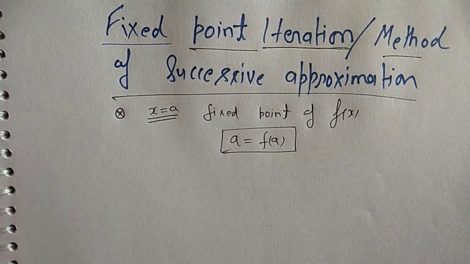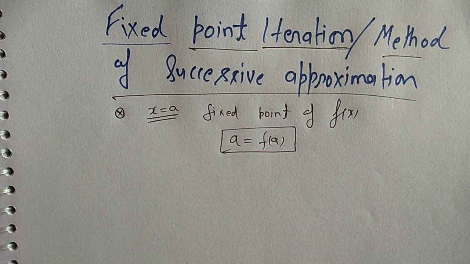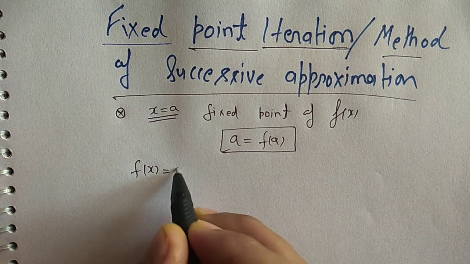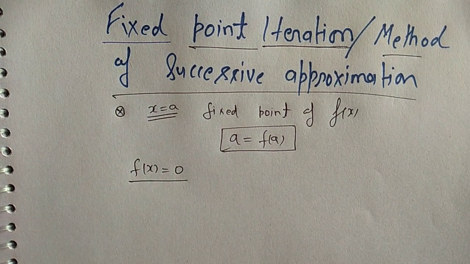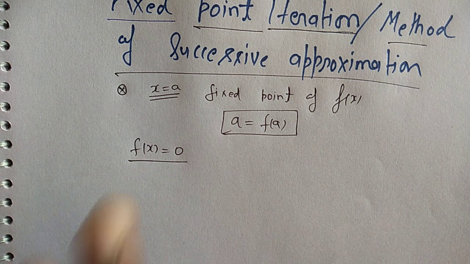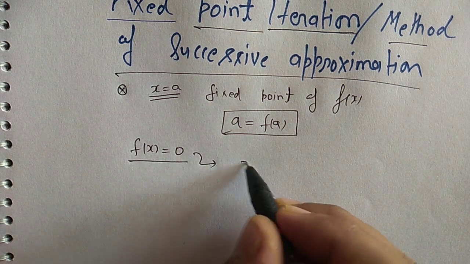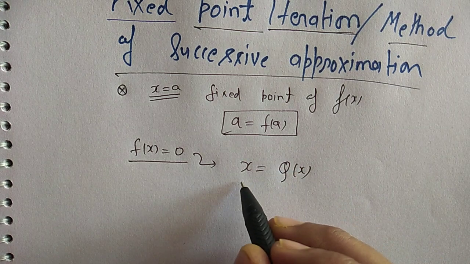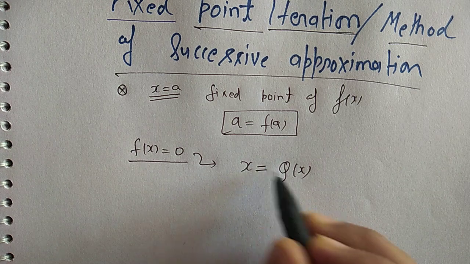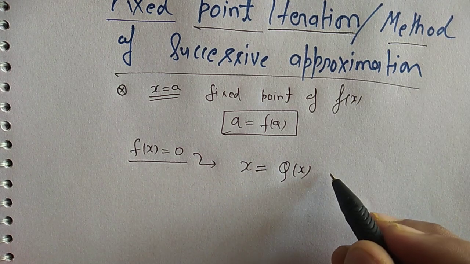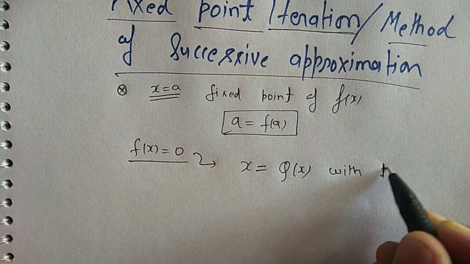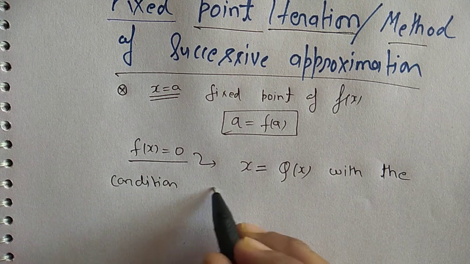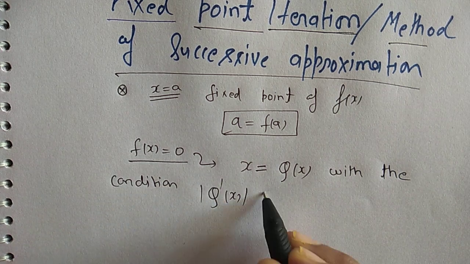Now what is the working procedure of this method? First, f of x equal to 0 is given. The given equation we try to form in x equal to phi of x form with the condition mod of phi dash x less than 1.